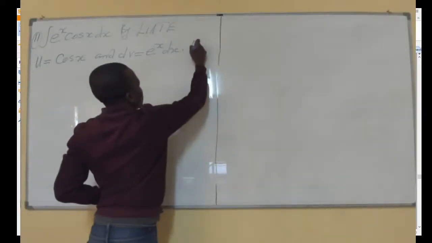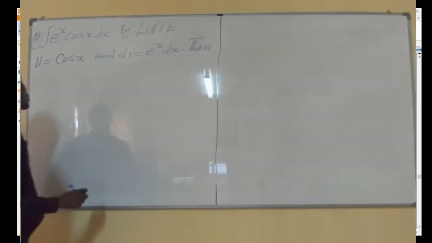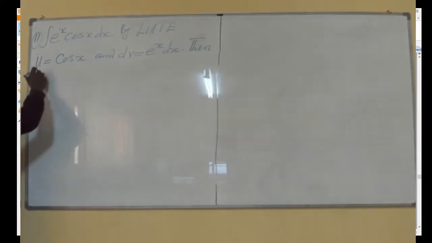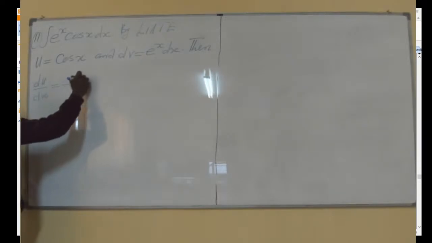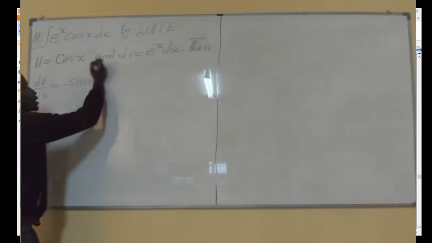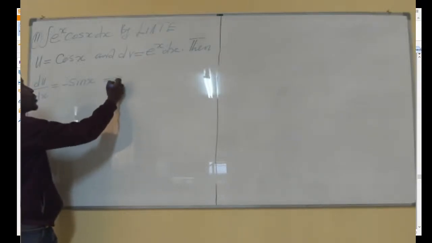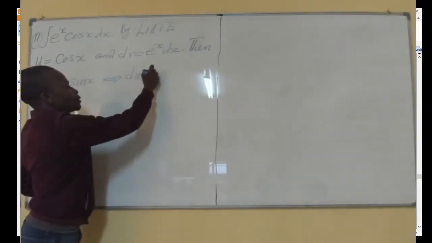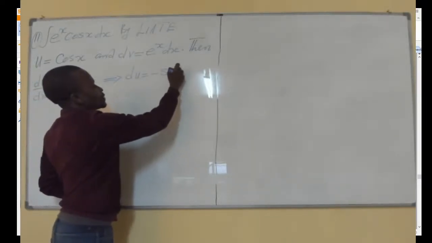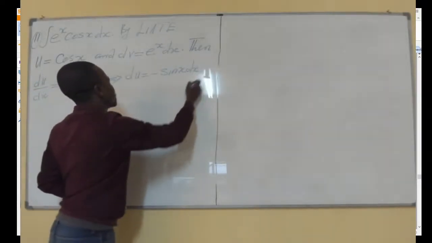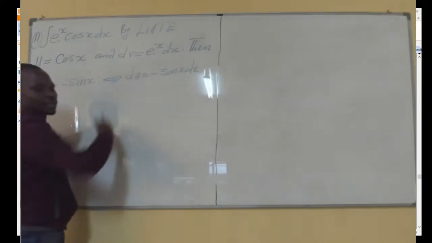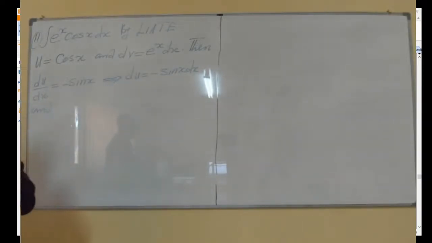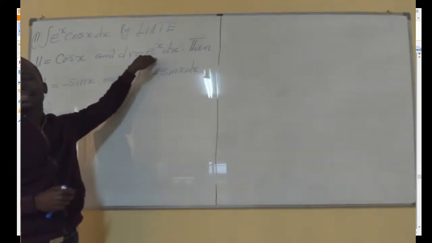Then when we differentiate this, du/dx will be equal to negative sine of x, and this means that our du is equal to negative sine of x dx. And if we integrate both sides, remember e to the power x is a very special function: when you differentiate it you get the function itself, and when you integrate it you get the function itself.